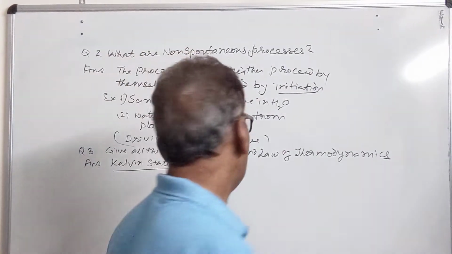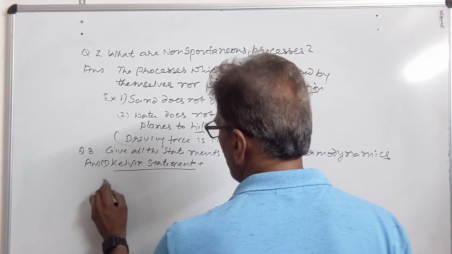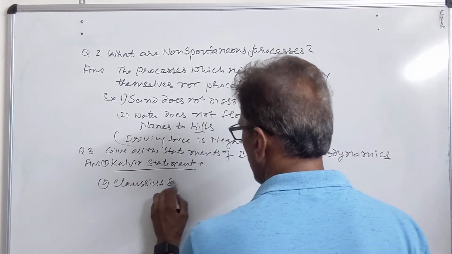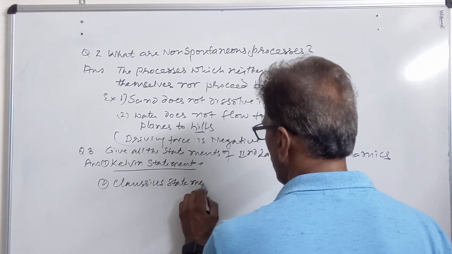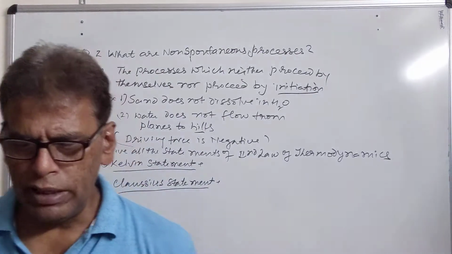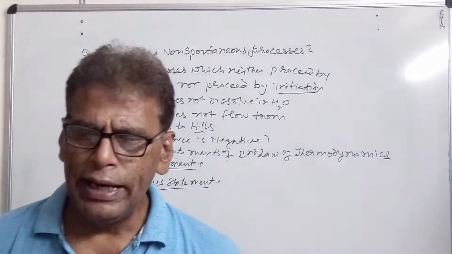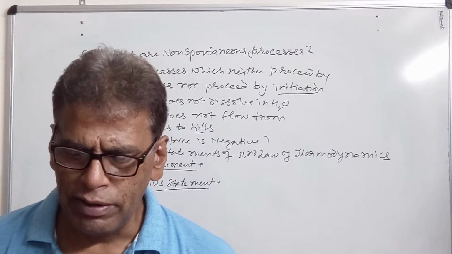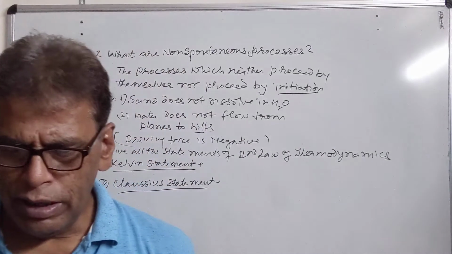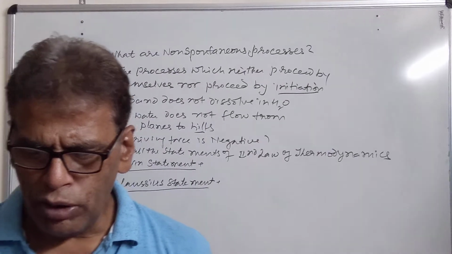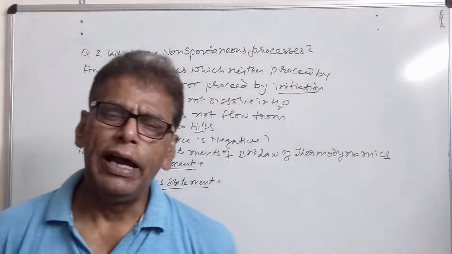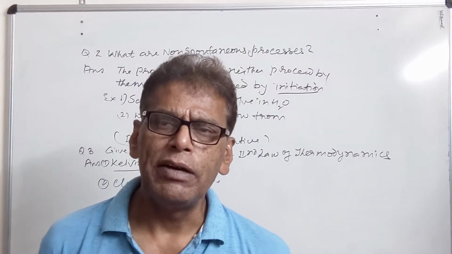Second was the statement of Clausius. Clausius stated that it is impossible for a self-acting machine, unaided by any external agency, to supply heat from a body at low temperature to a body at high temperature.